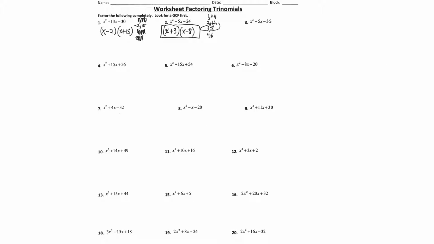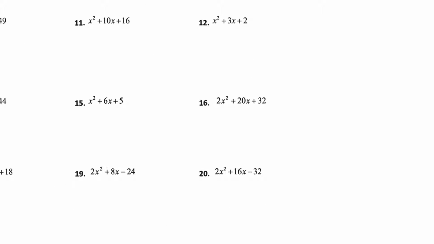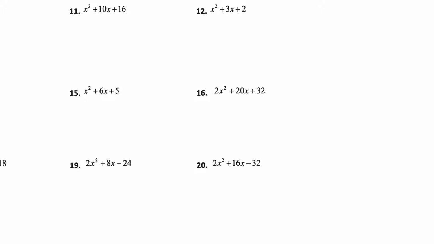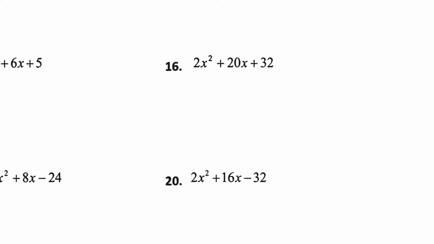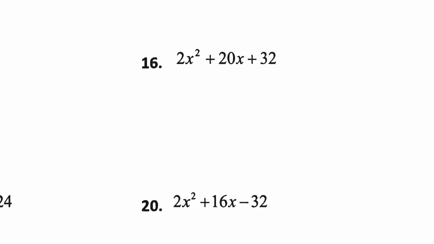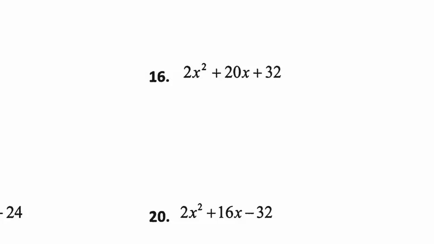All right, let's drop down and look at number 16. Okay, so on this one I need to pull out the greatest common factor. So what can I pull out of each of those terms? 2. If I pull a 2 out of each piece. All right, so if I divide a 2 out of 2x squared, what's left? x squared.